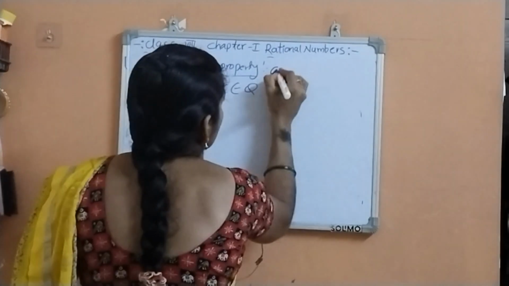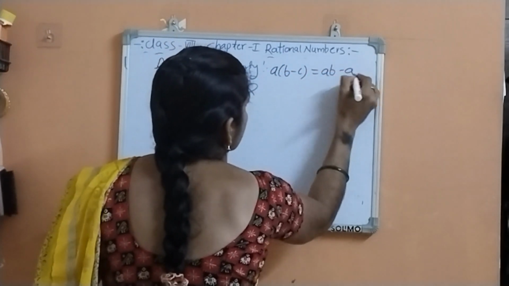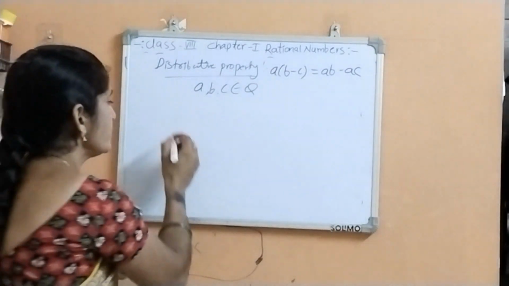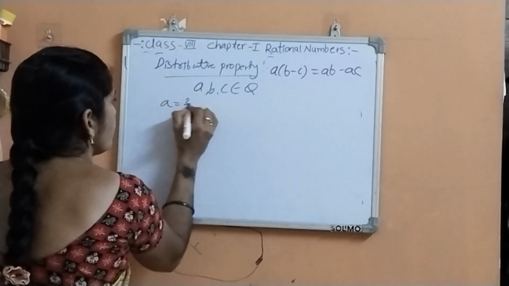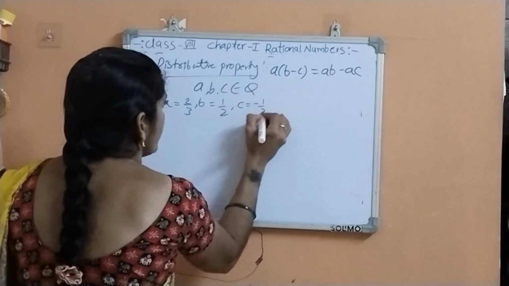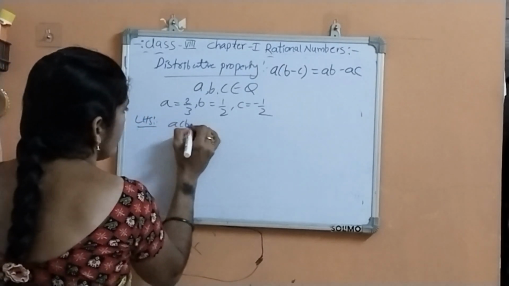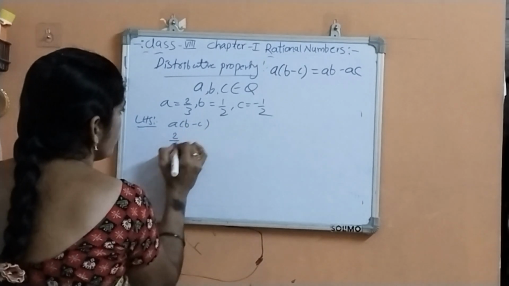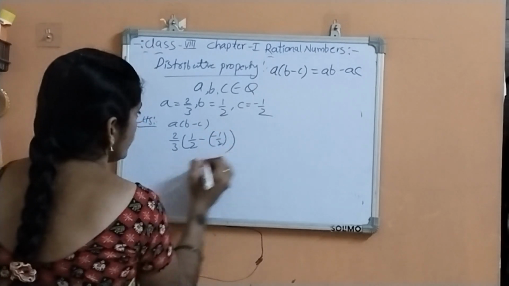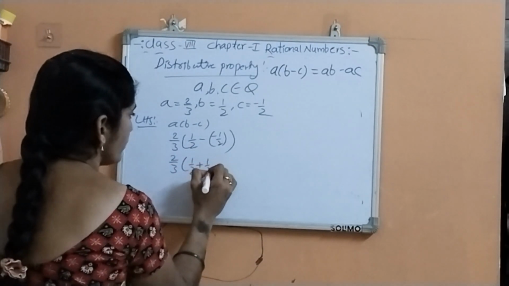What is the distributive property? a of b minus c equals ab minus ac. Is this possible or not? We are going to check by taking examples. Take a equals 2 by 3, b equals 1 by 2, c equals minus 1 by 2. First I am going to check the LHS: a of b minus c. a means 2 by 3, b means 1 by 2 minus minus 1 by 2, that is plus 1 by 2.